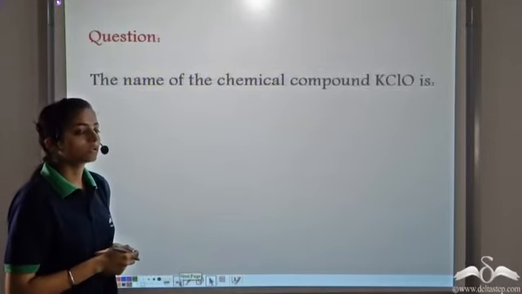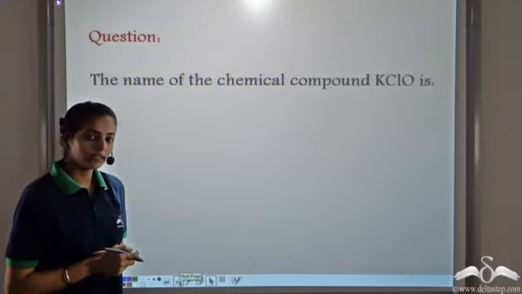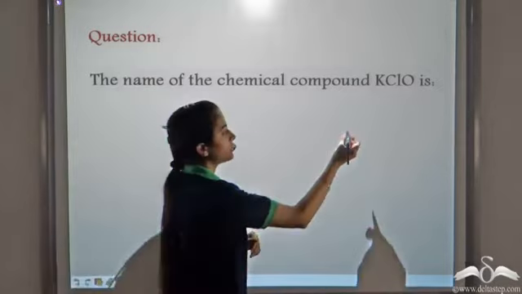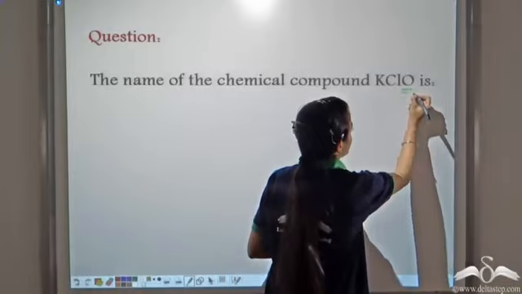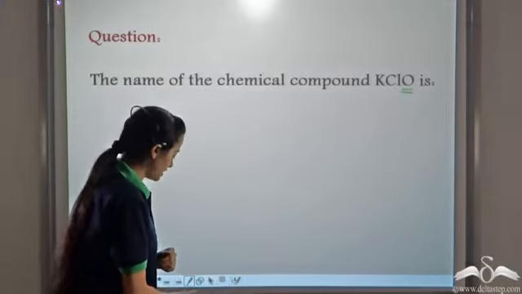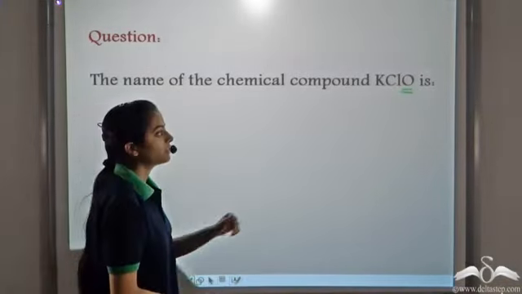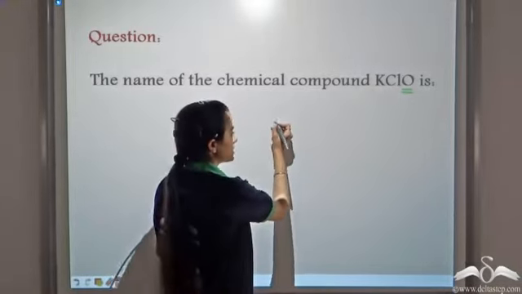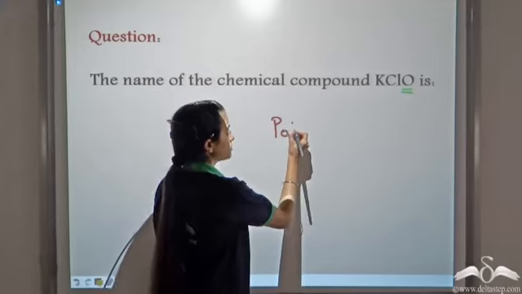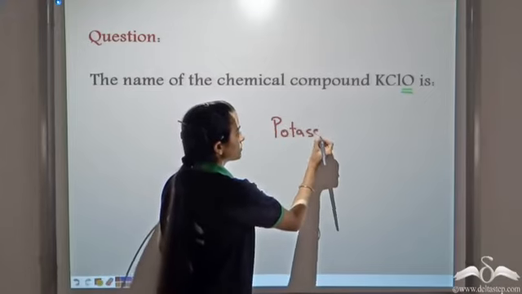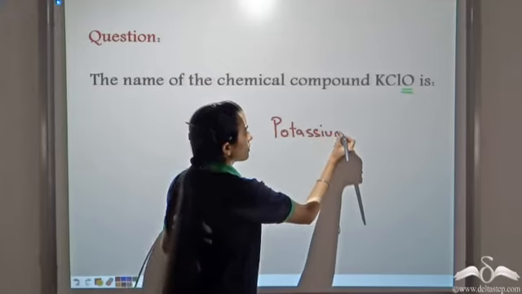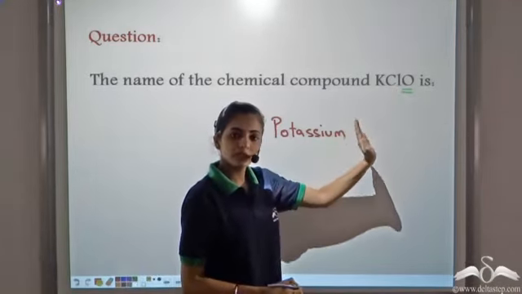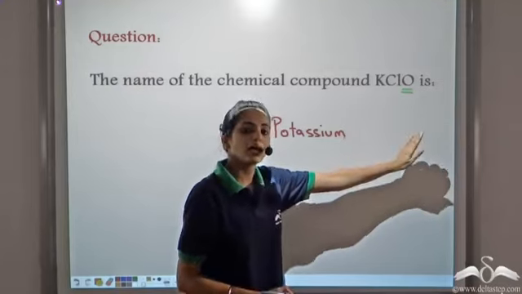The name of the chemical compound KClO is, so in this case, you see that there is one oxygen atom. And the rule says, when we have oxygen atoms less than 2, the metal remains as it is, that is potassium. And we have the non-metal, which is given the prefix hypo and suffix "ide."